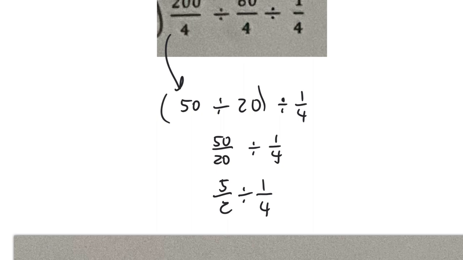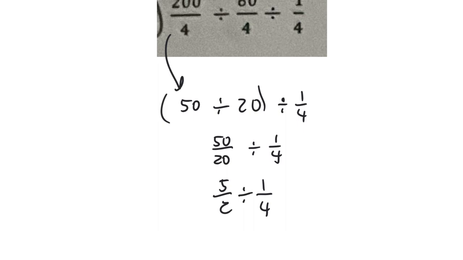Now, in this case, if you have two fractions that you're dividing, you do something called keep, change, flip, where you would keep the first fraction and sort of leave it as is. That's 5 over 2. You would change the operation from division to multiplication. So I'll use an asterisk for multiplication.